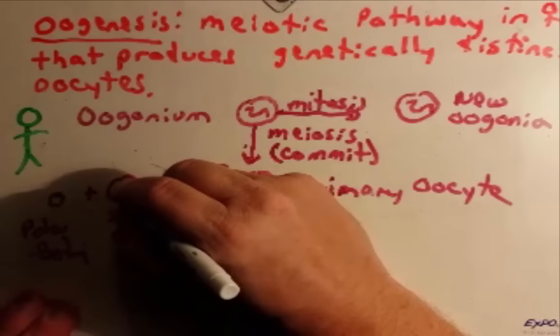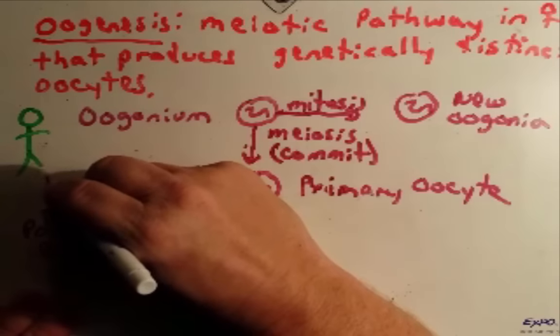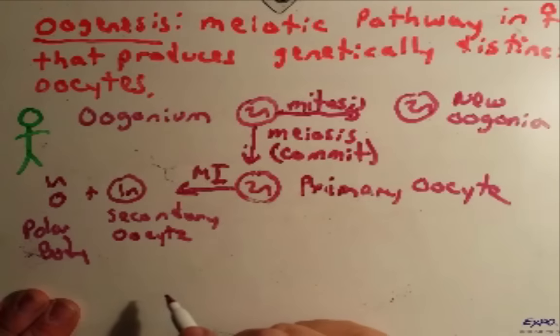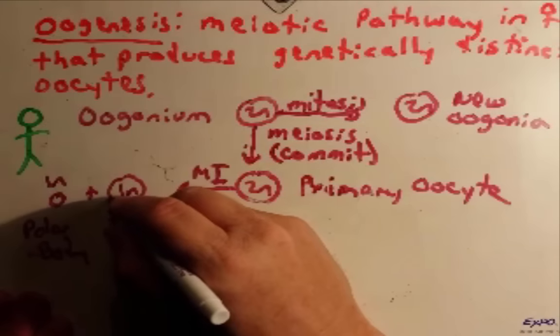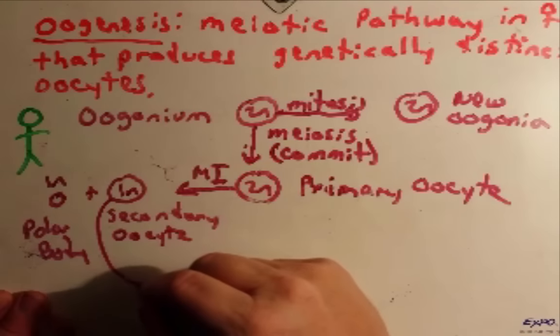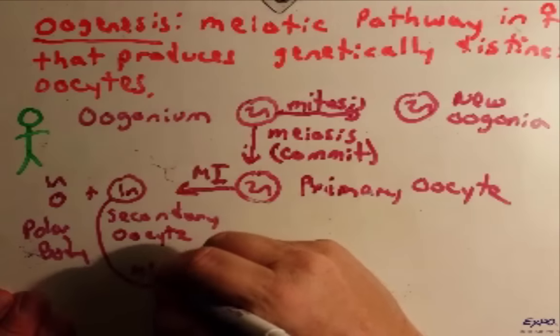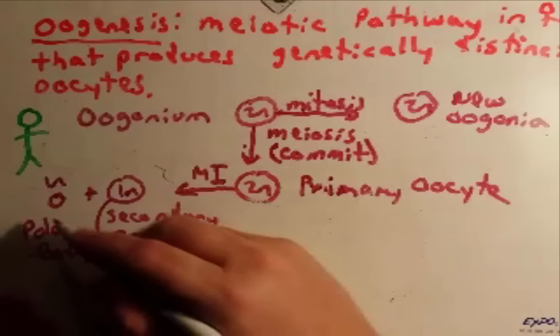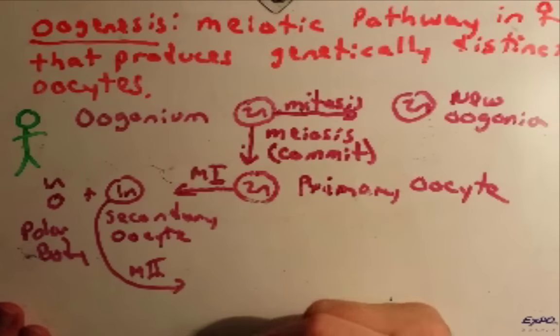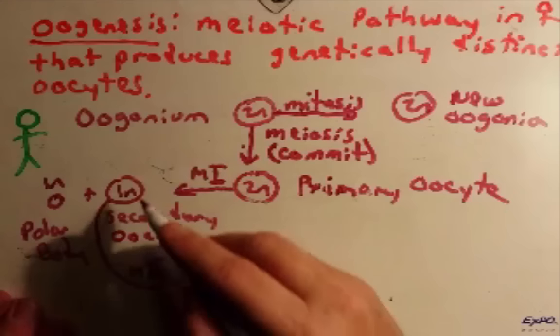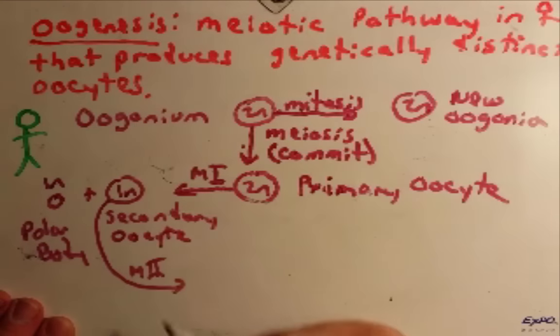This is a little different. They are haploid, but only this secondary oocyte will be large enough to continue on. So the secondary oocyte will now undergo meiosis 2. Sometimes the polar body will also undergo meiosis, but not always. Let's focus on this haploid secondary oocyte.